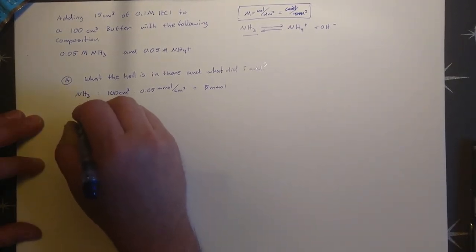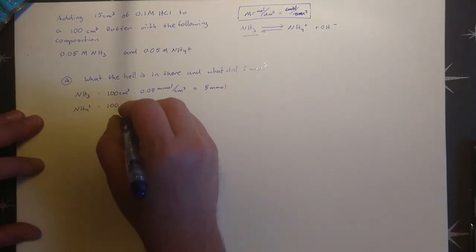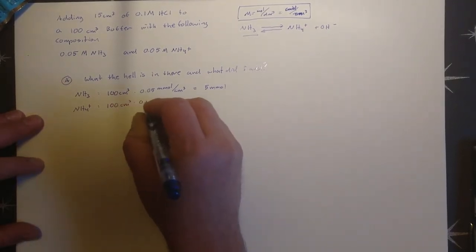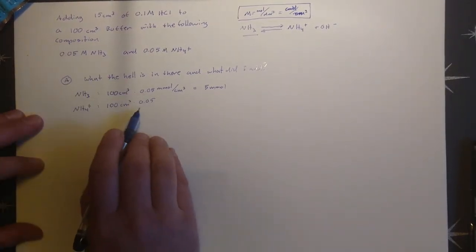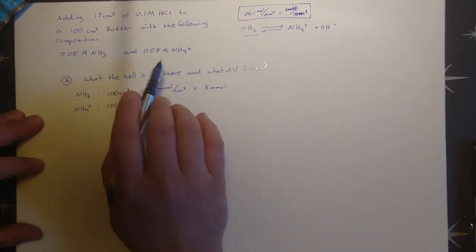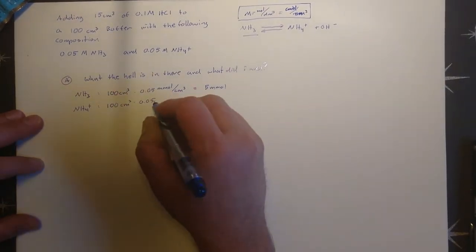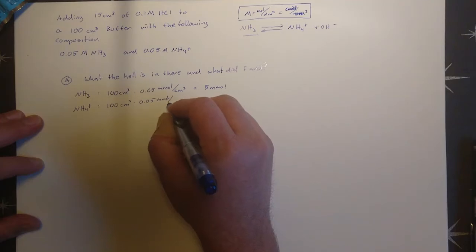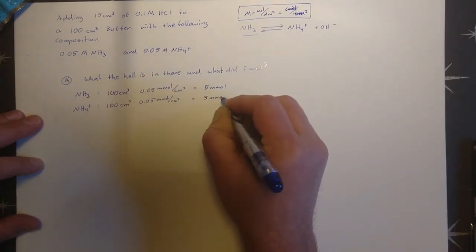And then if you take NH4 plus, it's the same calculation, so we're just repeating what we did just above. We have 100 milliliters of the buffer, and the concentration of the conjugate acid is 0.05 millimoles per cubic centimeter, which equals 5 millimoles.